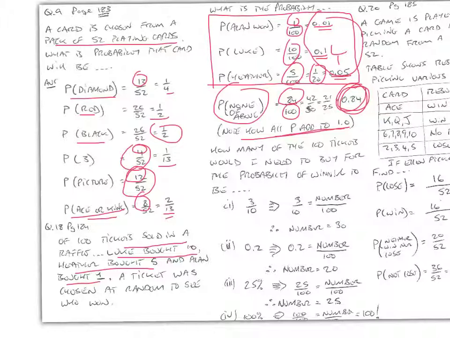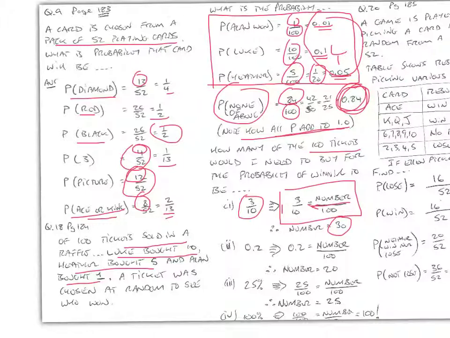Okay, how many of the 100 tickets would I need to buy for the probability of winning to be 3 in 10? Well, the way to do this is to equate 3 in 10 is equal to the number divided by 100, and if we cross multiply, we'll get 300 equals 10 times number, or number equals 300 divided by 10.